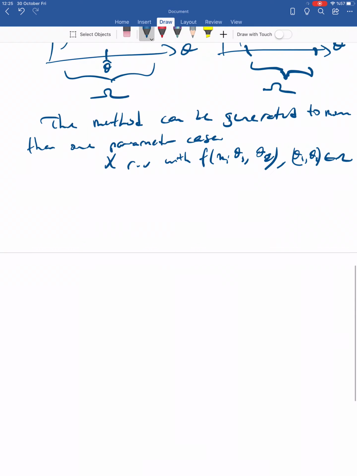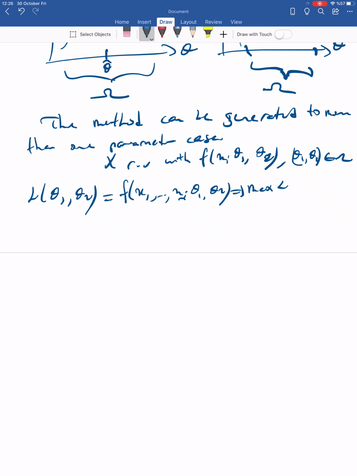We want to find theta 1 hat and theta 2 hat. So we want to find the likelihood function of theta 1 and theta 2, which is mathematically the joint PDF. Then we get the maximum value of the likelihood function under the parameter space, and from here we can get theta 1 hat and theta 2 hat.